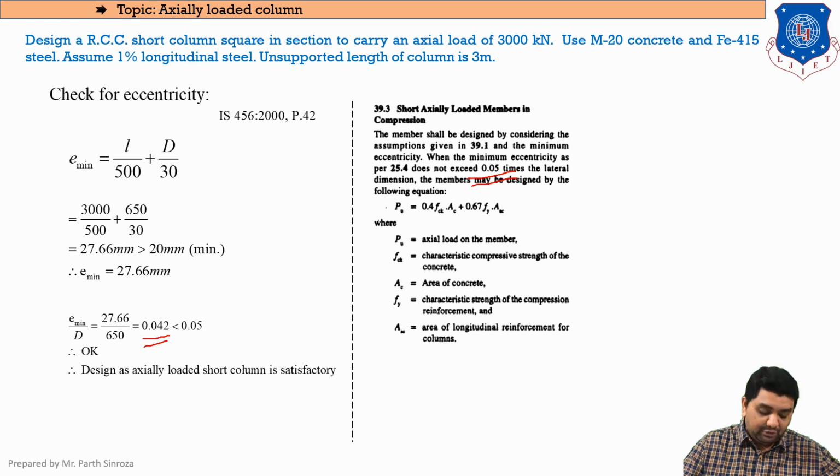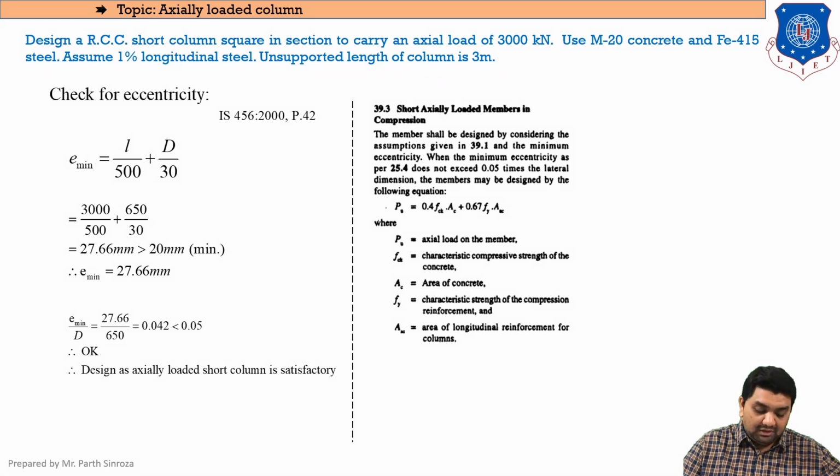The value here comes out to be 0.042 for D equal to 650. So the dimension that we have provided is correct, and it can be satisfactorily designed as an axially loaded column.